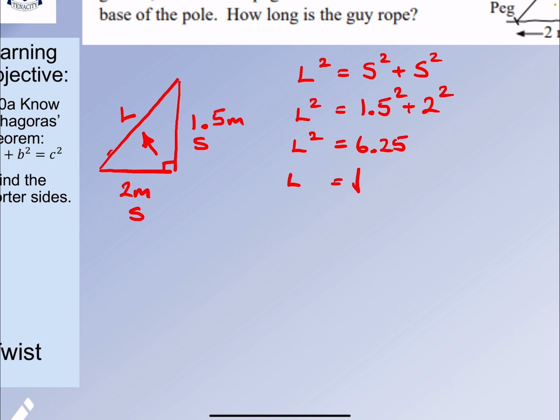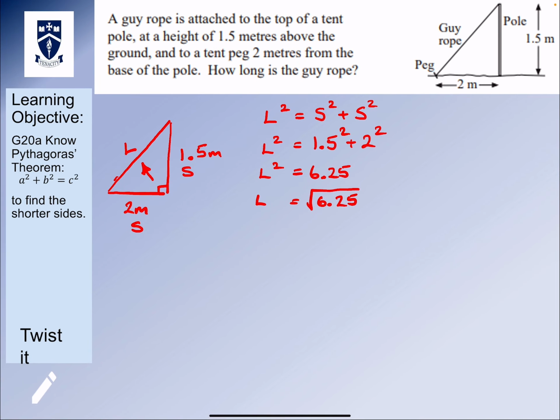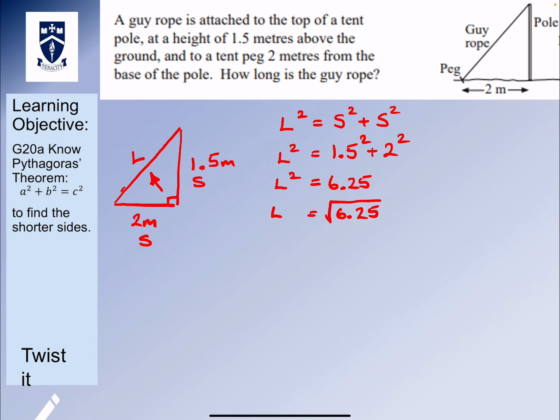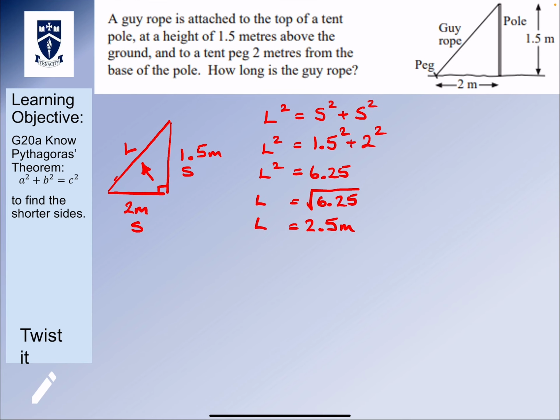So I'm going to do the square root of 6.25. And when I do the square root of 6.25, the answer should be the length of the rope is 2.5. And in this case, the measurements are in meters. So the answer to that would have been 2.5 meters.